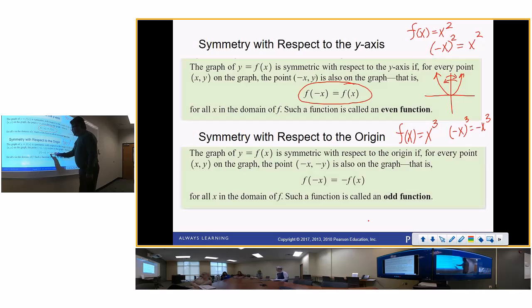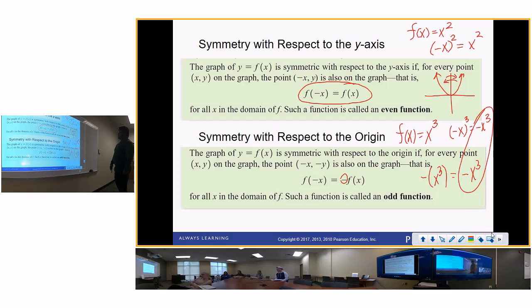Well, what happens if you put a negative in front of f of x? What do you get? I'm sorry, I can't. Please work with me just the last 15 minutes of class. One of these days we're going to get training on these whiteboards. Negative x cubed. What happens when you put a negative in front of the x cubed? What do you get? Are they equal?